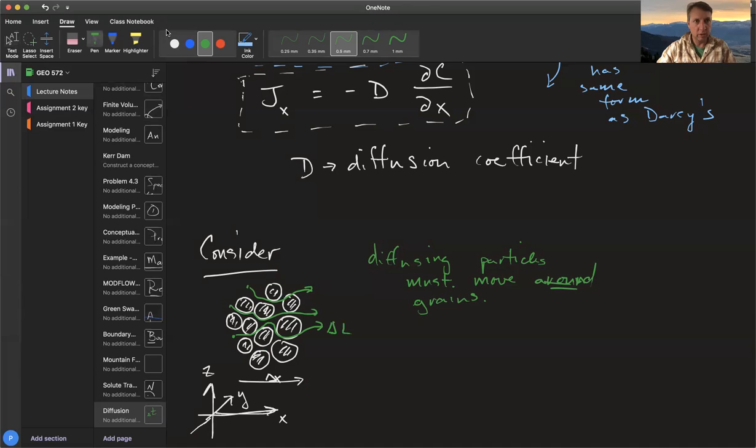So if I have some plane here that we're interested in diffusion across, the only area available for diffusion is through the pore throats.